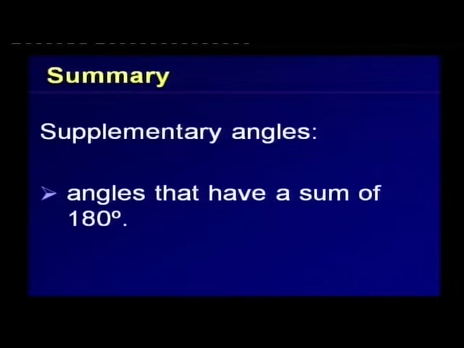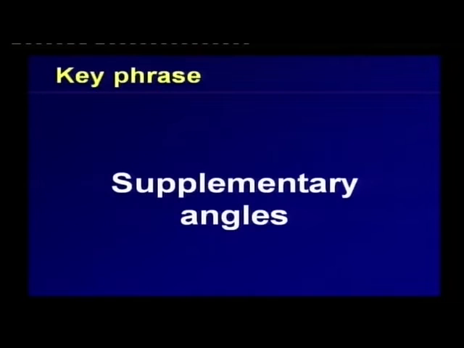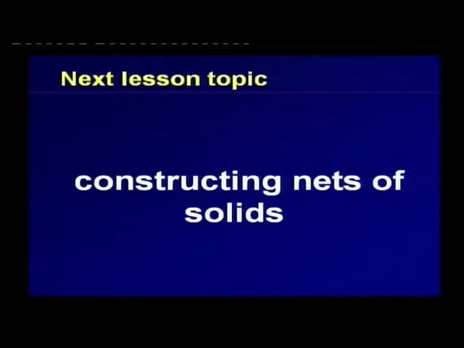All right, with that, class, that brings us to the end of our lesson. And our key phrase for today is supplementary angles. And in our next lesson, we're going to be looking at constructing nets of solids.